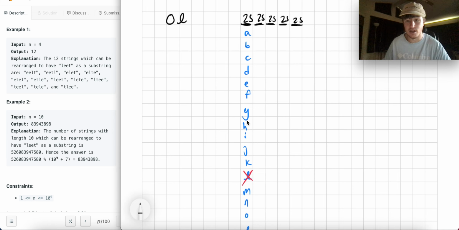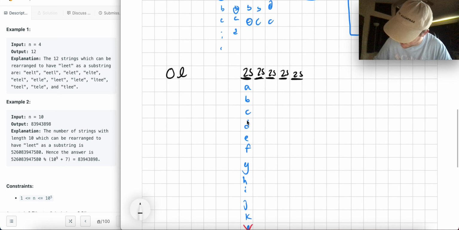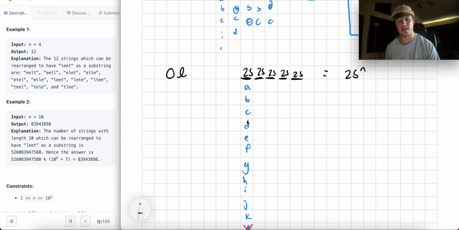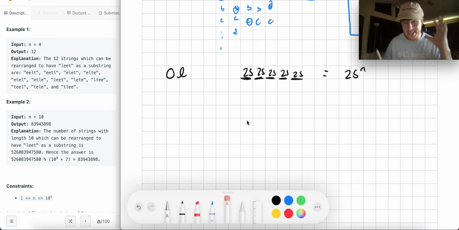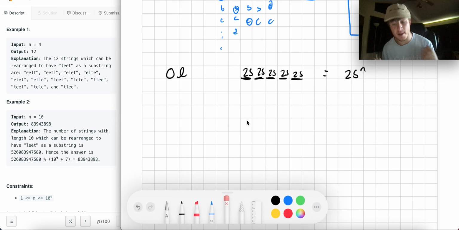So having 0 L's equates to 25 to the n possible ways of creating a string that has 0 L's, because in each slot I didn't choose an L. So it's 26 total options, but I can't use an L, so that option gets removed.